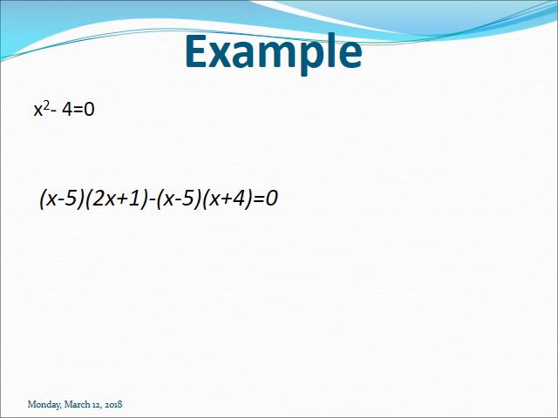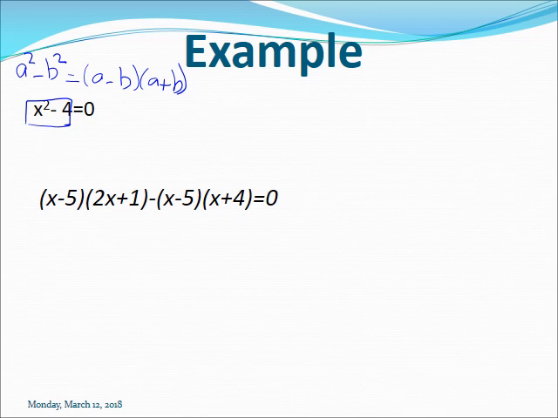Example, x squared minus 4 equals 0. x squared minus 4 is not factorized. Factorize x squared minus 4, in the form of a squared minus b squared. As we know, a squared minus b squared equals (a minus b)(a plus b).